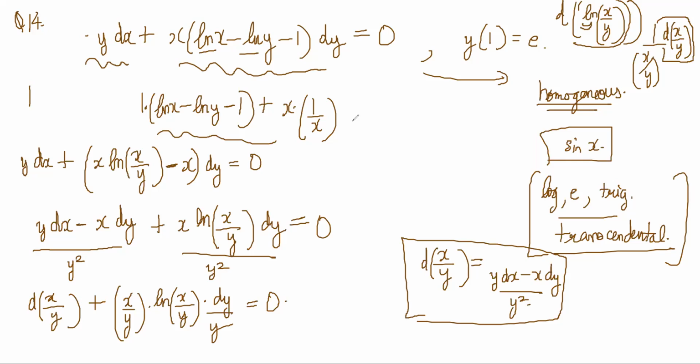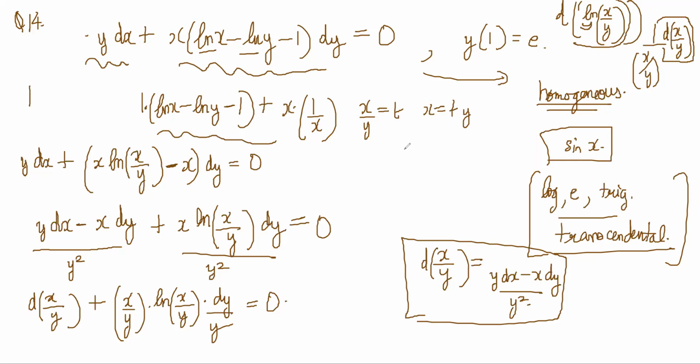So dx is equal to t dy plus y dt, or something we'll get. X is equal to ty.